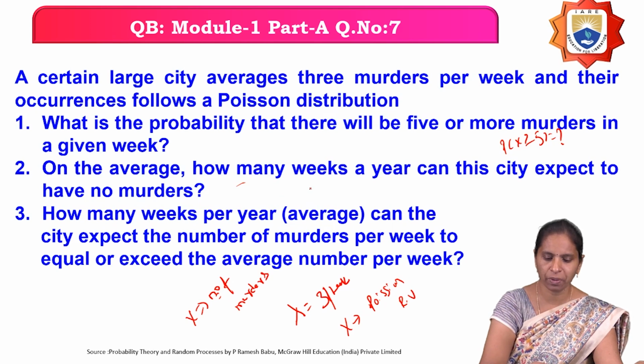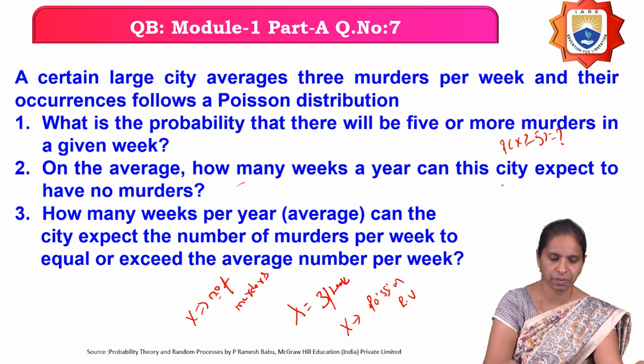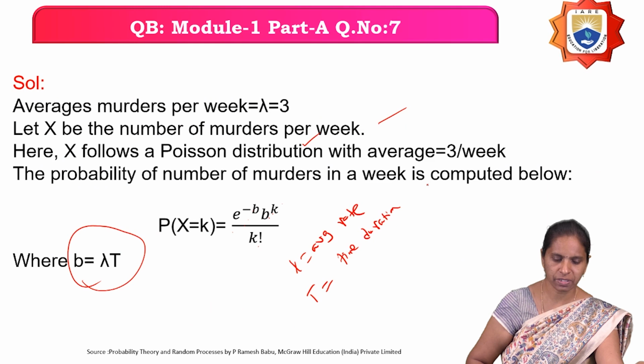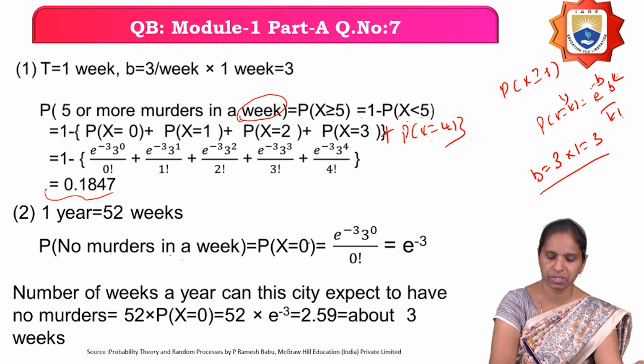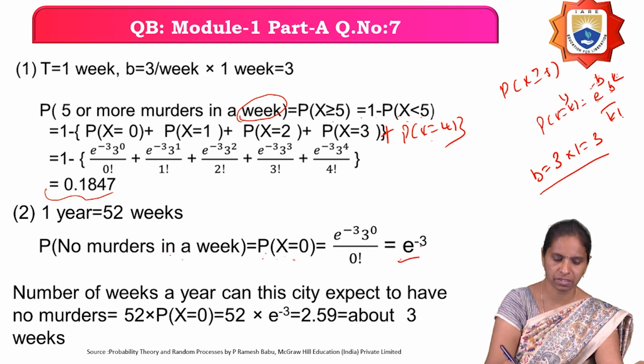What is the second question they have given? On the average, how many weeks a year can the city expect to have no murders? First you calculate the probability that there are no murders in a week. The number of murders should be 0. Therefore, P of x equals 0. Here k is 0, so e power minus 3, 3 power 0 by 0 factorial is nothing but e power minus 3.